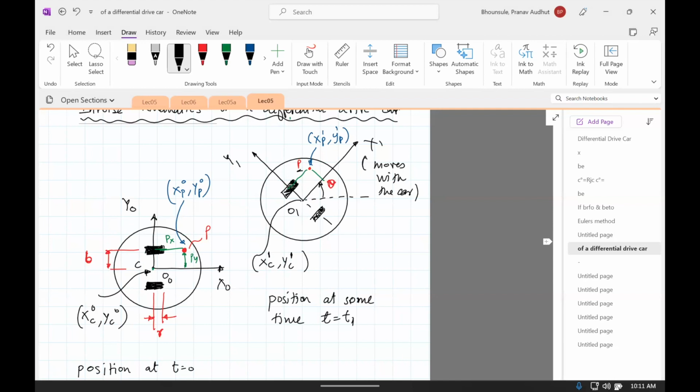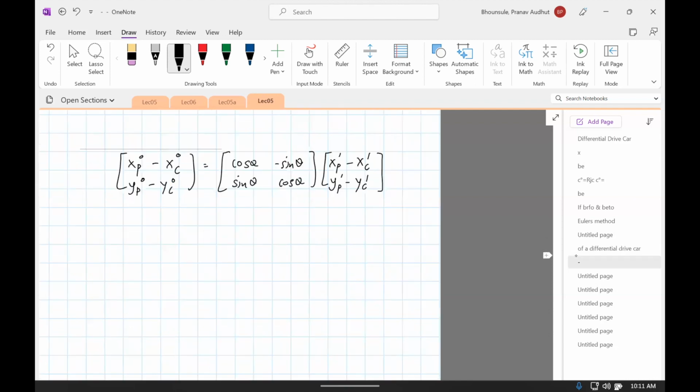So that point P is always going to be the same distance from point C. So xp1 minus xc1 is nothing but Px, and yp1 minus yc1 will be Py. That's not going to change, so I'm just going to sub that in. So cosine theta minus sine theta, sine theta cosine theta, and this thing here is Px, Py.